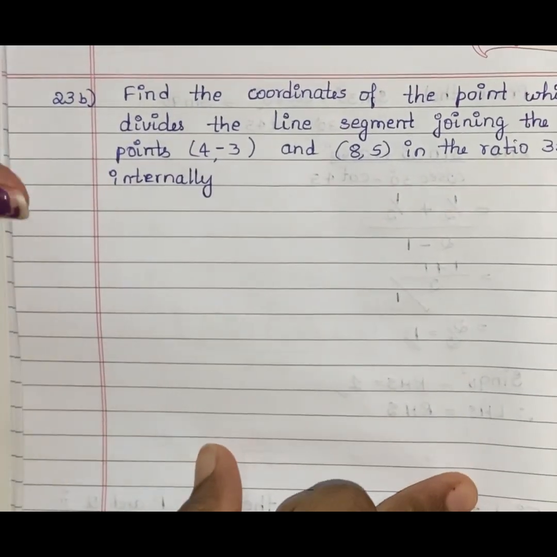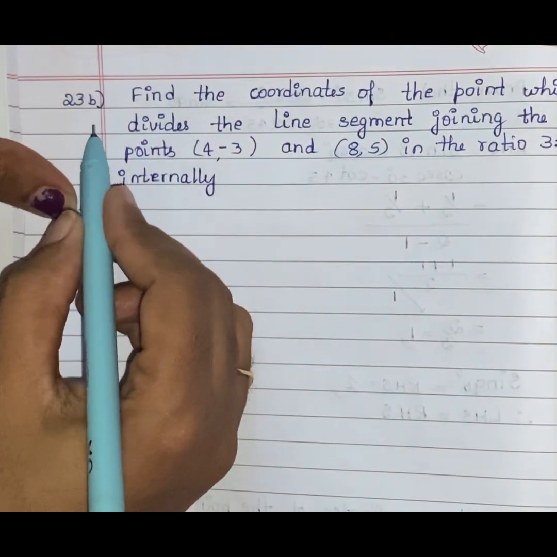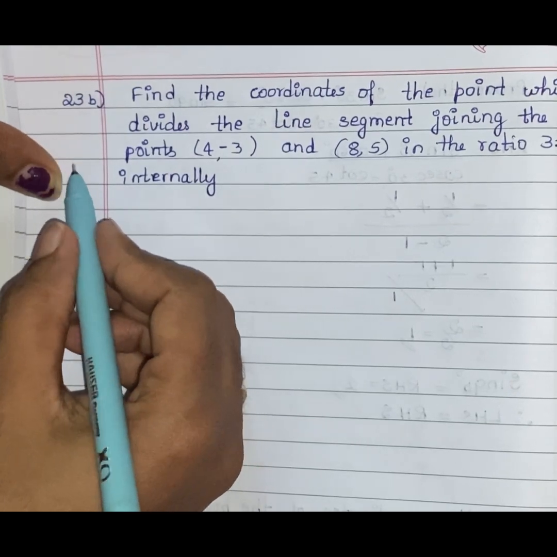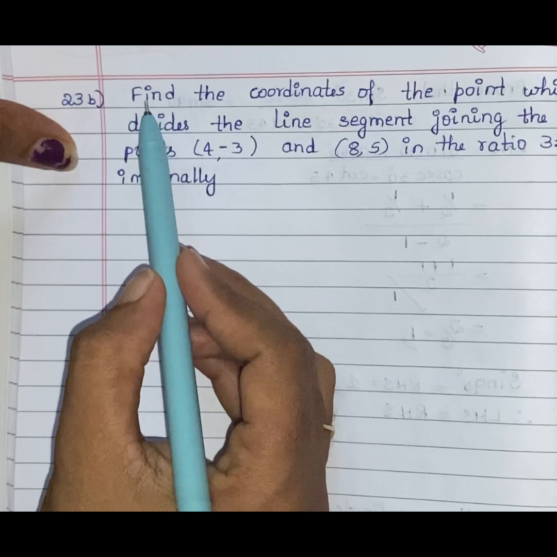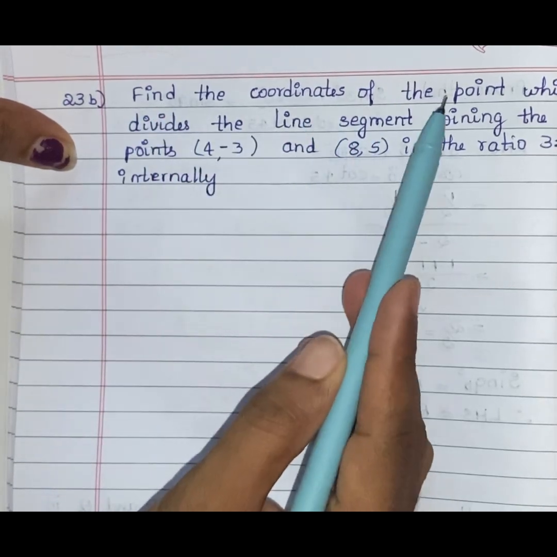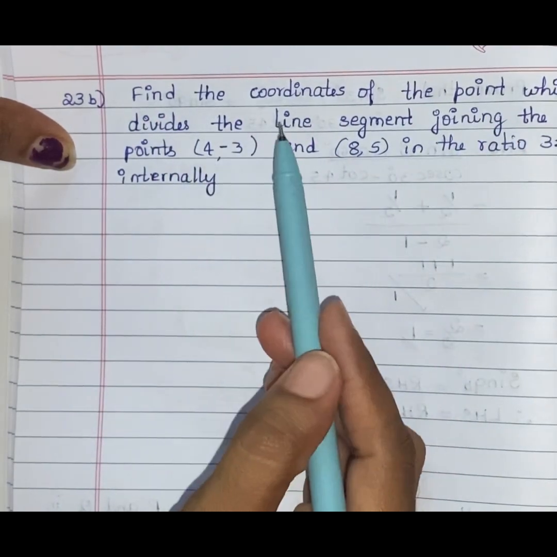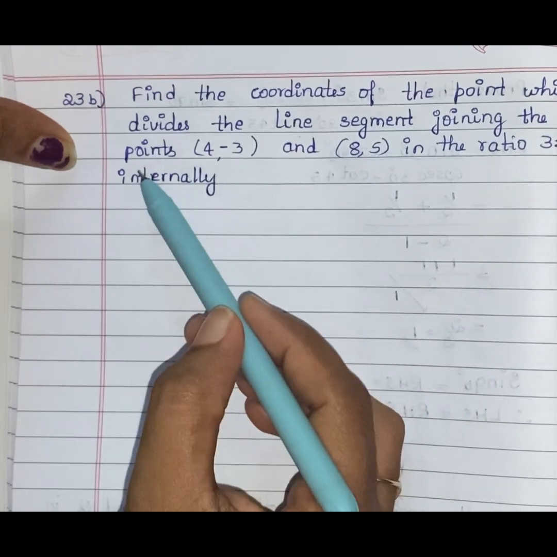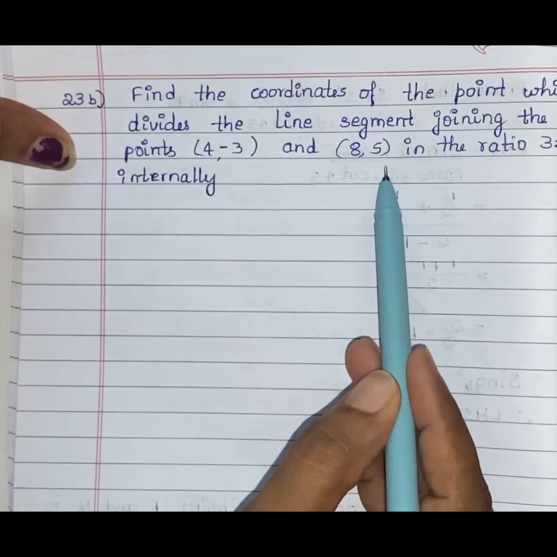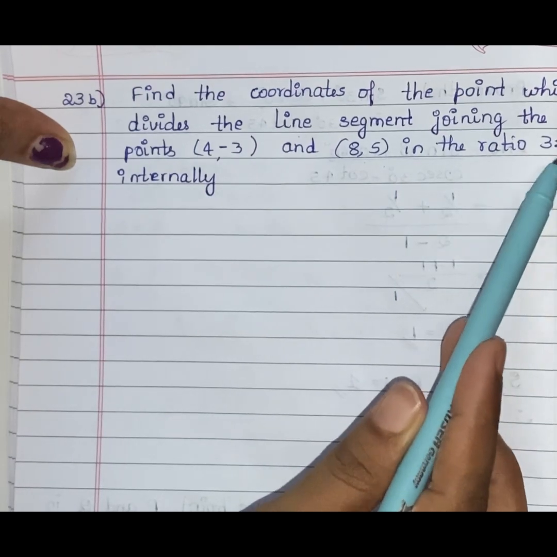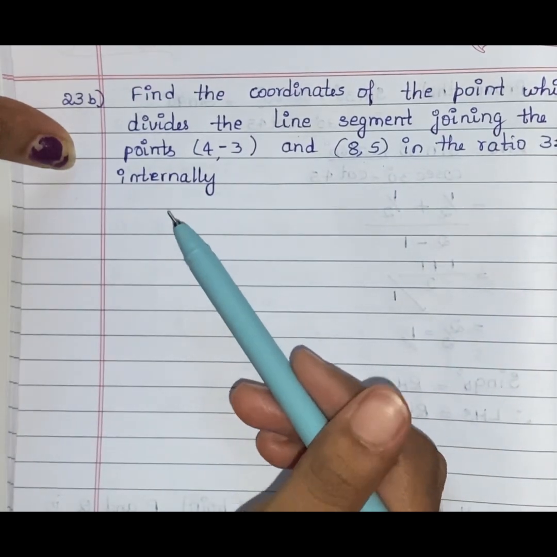Okay, so now 23b question, like either we can solve 23a question or 23b question. So the question is, find the coordinates of the point which divides the line segment joining the points 4 comma minus 3 and 8 comma 5 in the ratio 3 is to 1 internally.